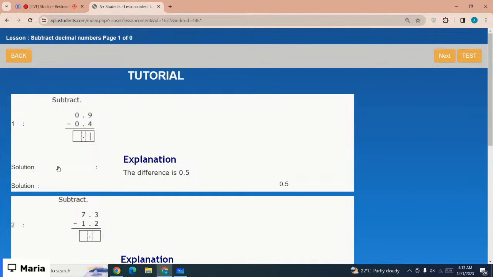Okay, the next one is subtract 0.9 minus 0.4, which is the correct option?